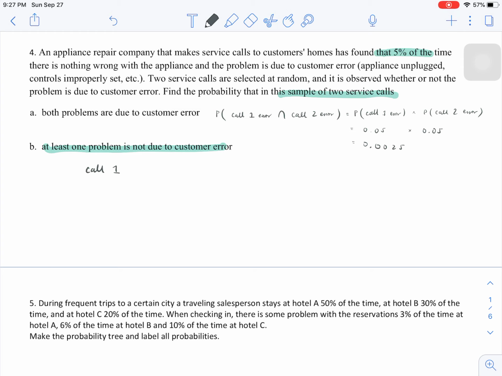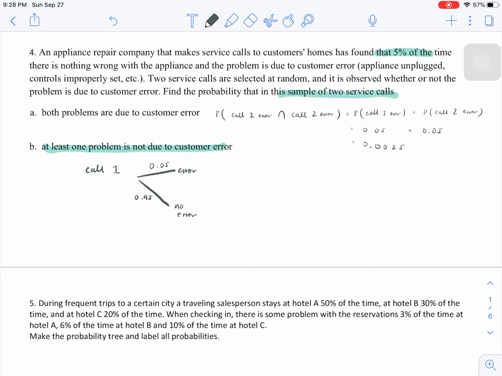Call 1 can either be due to customer error or no customer error, right? And the probability that a call is due to customer error is just 0.05. And the probability that it's not due to customer error is 1 minus that, 0.95.